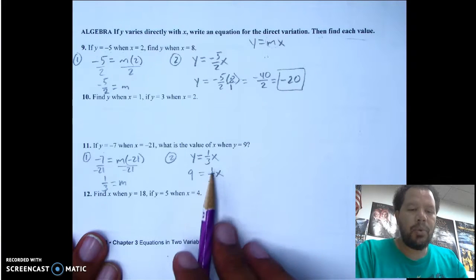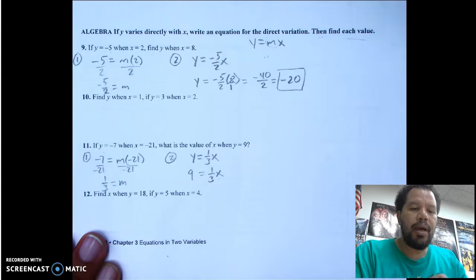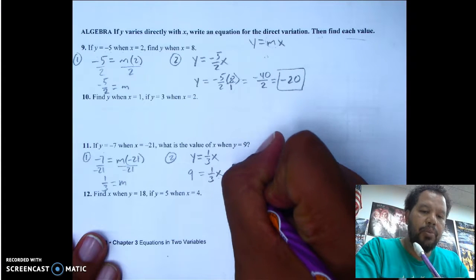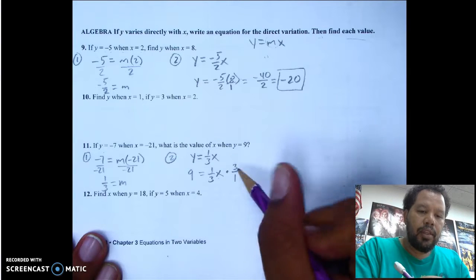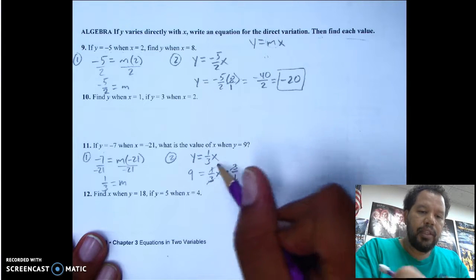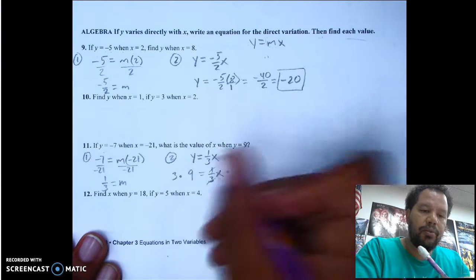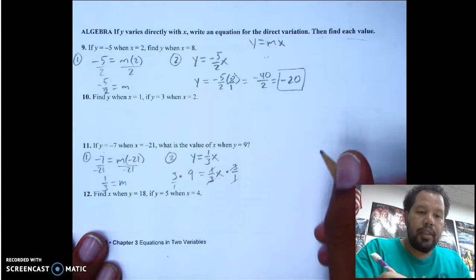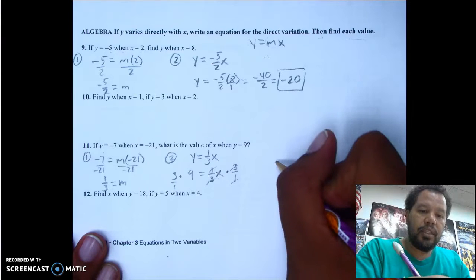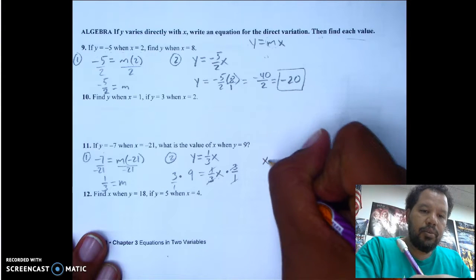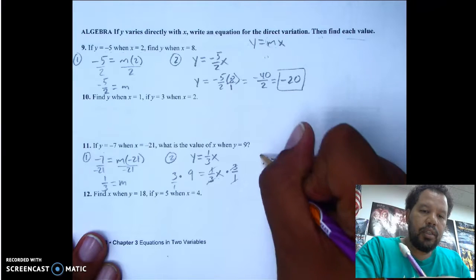So how do I solve this equation? Well, if I have x being multiplied by 1/3, I can multiply by the reciprocal so that it cancels out, leaving my x by itself, and I'm going to multiply the left side by 3 as well, or 3 over 1. And 3 times 9 is 27. So x will equal 27.